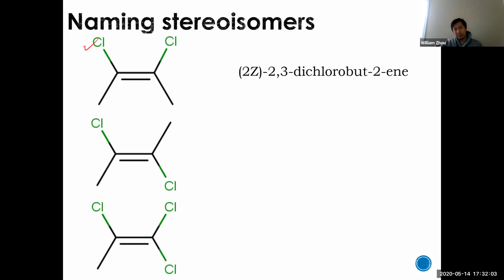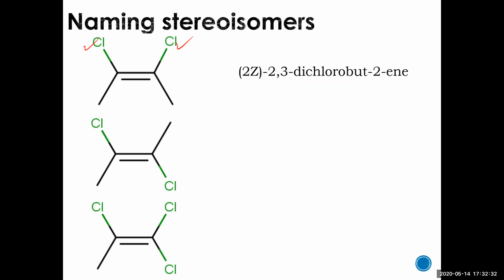Chlorine is bigger. Chlorine has an atomic number of 17. Carbon is just 6. So we go with the chlorine. On the other carbon, you have, again, chlorine versus carbon. So chlorine wins again. And they're on the same side, Z. So 2Z because the double bond is found on carbon 2. So this would be 2,3-dichloro-butene. Does that check out for everybody?